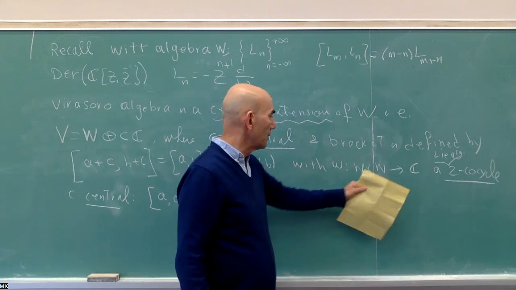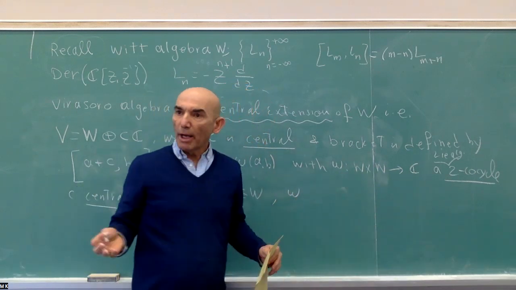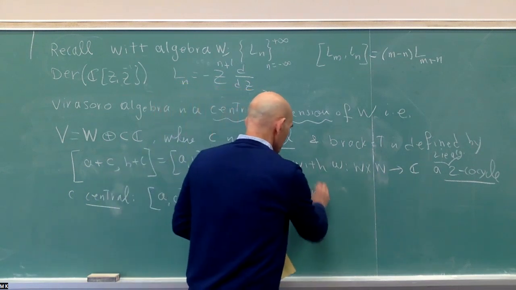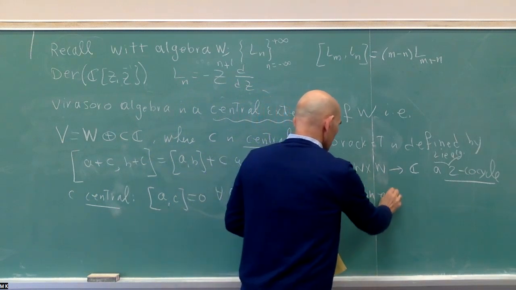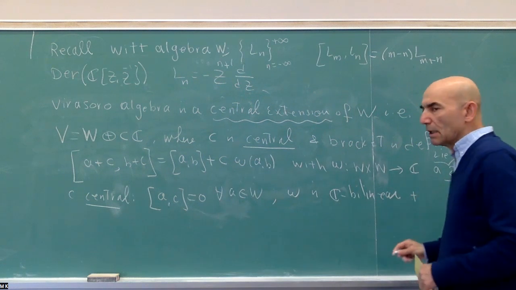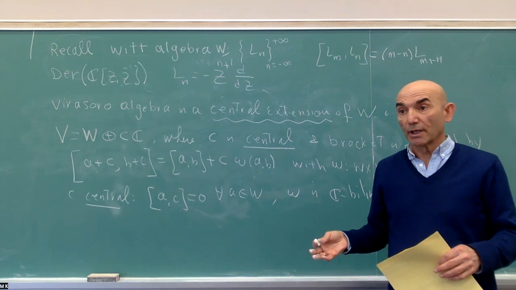First of all, omega is C bilinear, just as it's a bilinear map. Bilinear plus is more than bilinear. It's also a 2 cocycle.